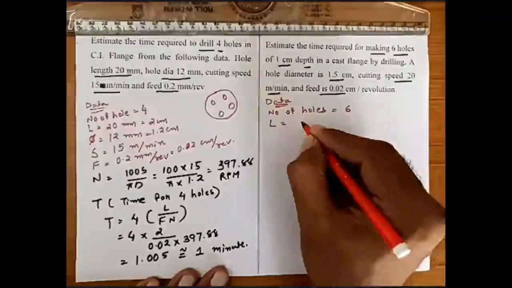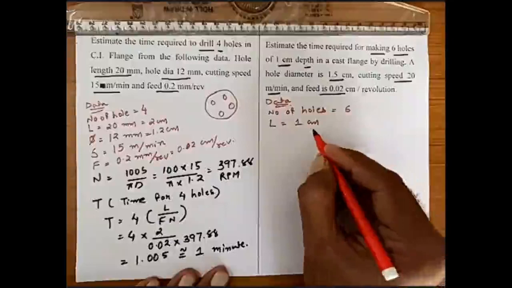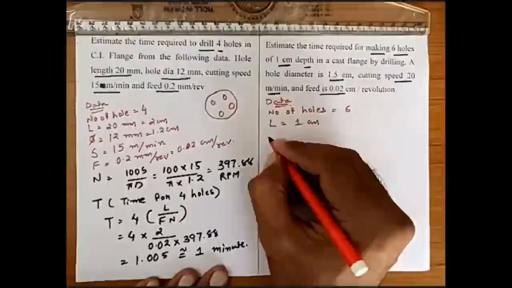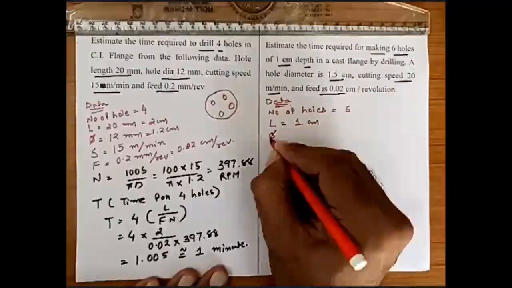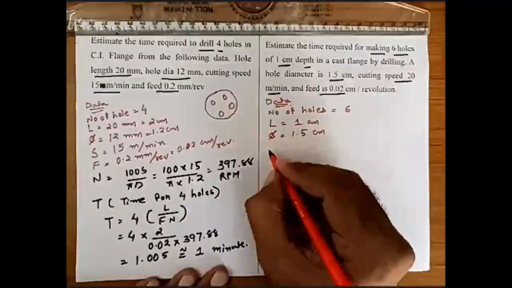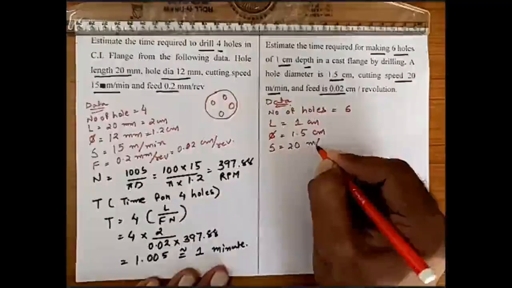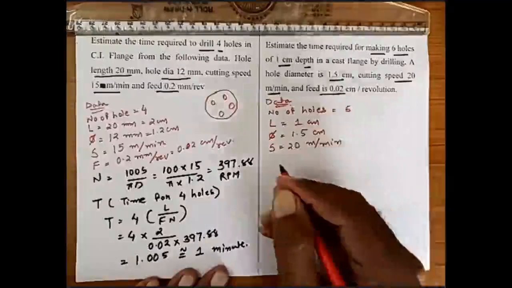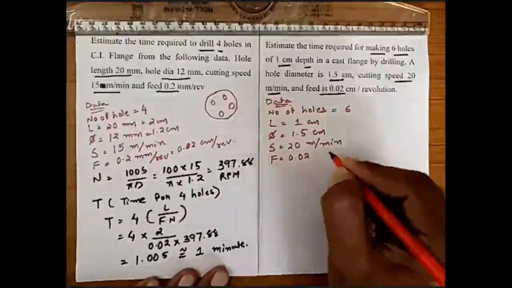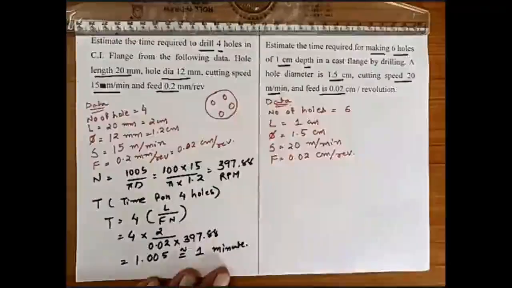L is equal to depth, so 1 centimeter. See, here the unit is in centimeter, so no need to change. The diameter 1.5 centimeter. The cutting speed 20 meter per minute. And the feed 0.02 centimeter per revolution.